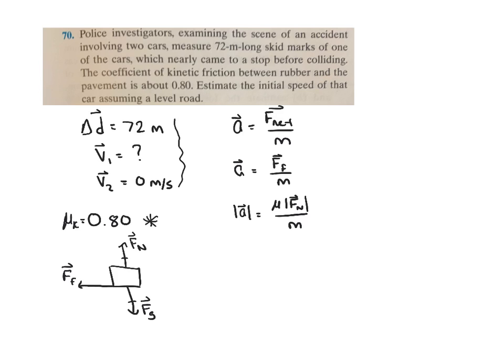But we also know that the normal force is equal in size to the force of gravity. So I replace it with mu times the force of gravity. And finally, we also know the formula for the force of gravity, which is mg. And now I notice that I have an m in the numerator and an m in the denominator, which can cancel out.